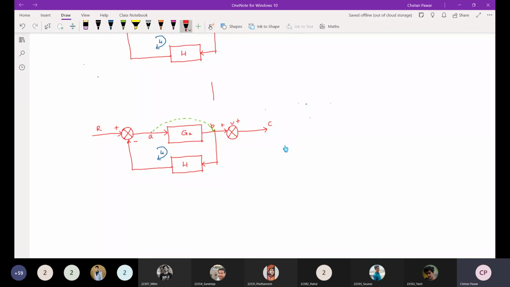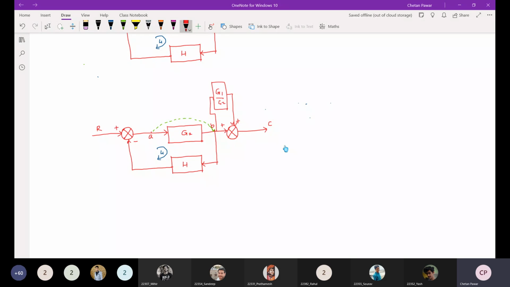So here that block will be G1 by G2. So we shifted this, and we have divided that particular block by the gain of the block across which we shifted.